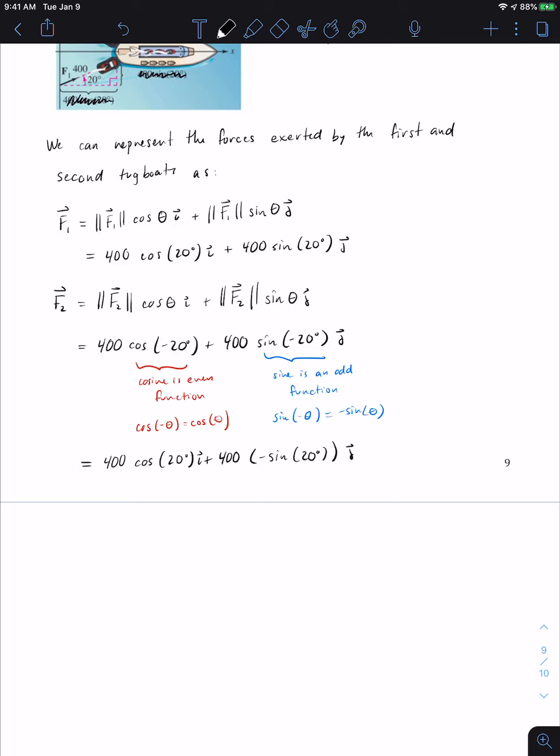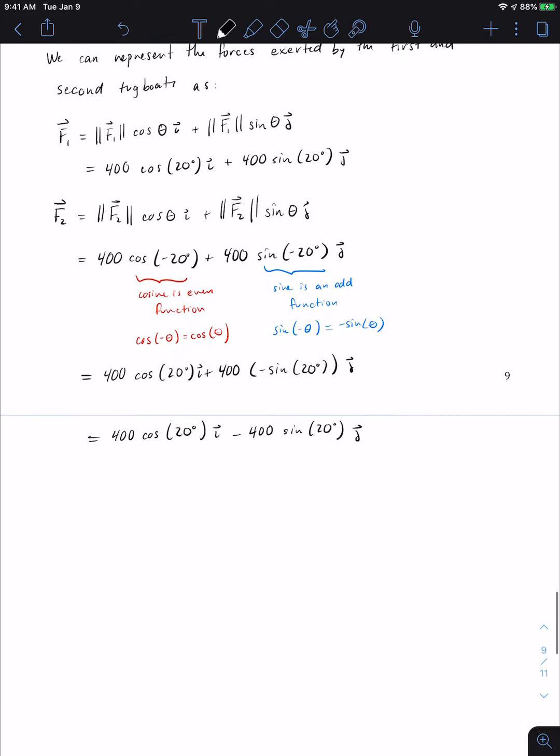So I end up getting 400 cosine of 20 degrees times i, minus 400 sine of 20 degrees times j.